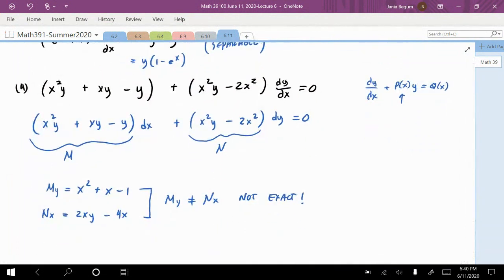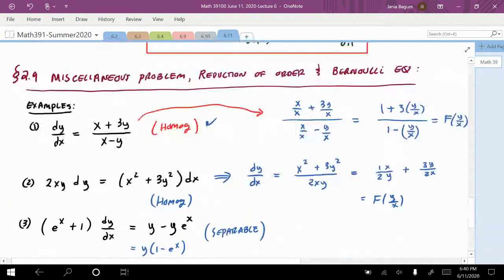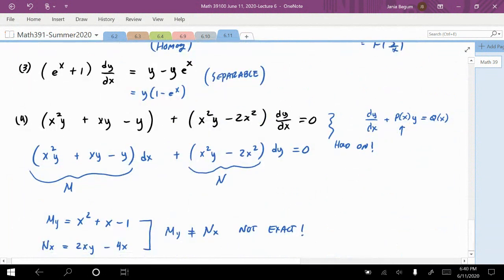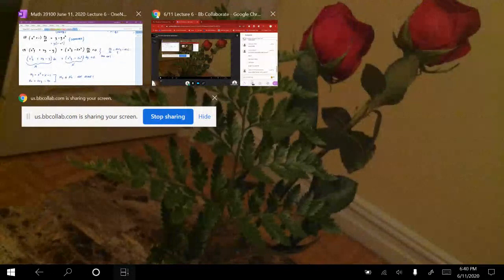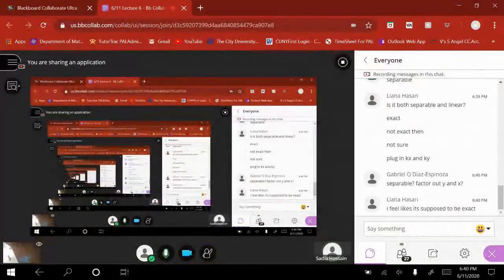So let's hold on. I'll double check my notes and see if there's a mistake in one of these functions, because I meant to give you an exact equation, and I thought this was going to be exact, but it's not. So we tested and we see that it's not exact, so it doesn't work.